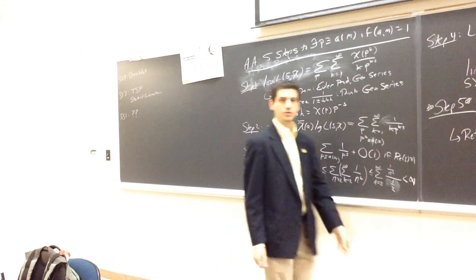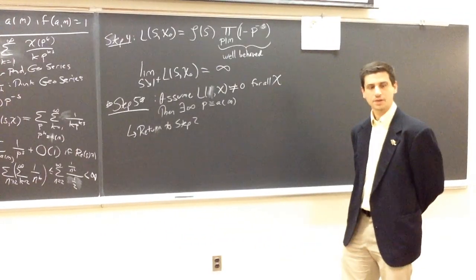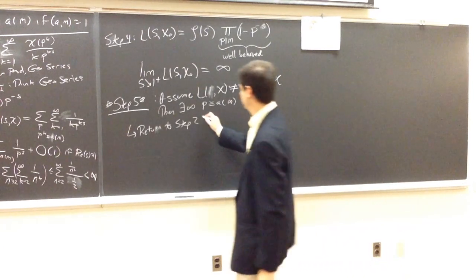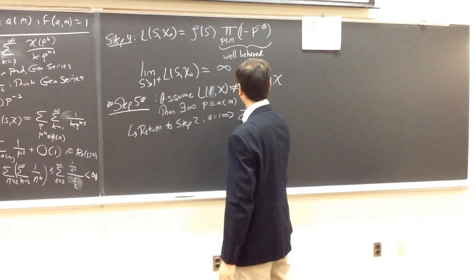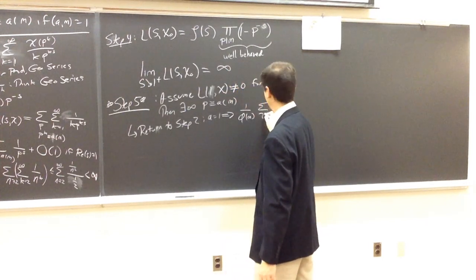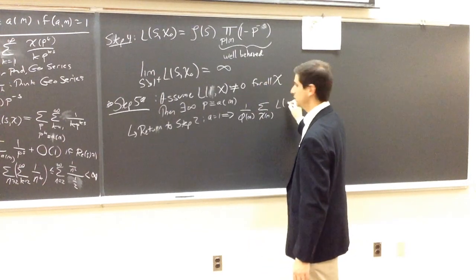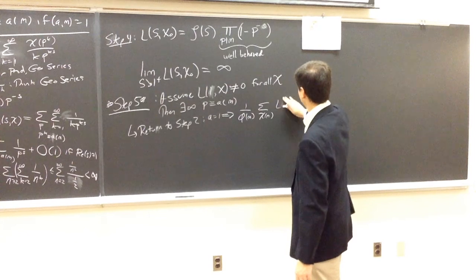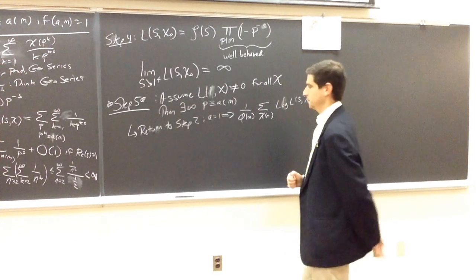You could choose 1. So if you choose A equals 1, the hope is that maybe that could give us something useful. If we choose A equals 1, that's going to give us 1 over phi of m, sum over all chi mod m, of the log of L(s, chi).